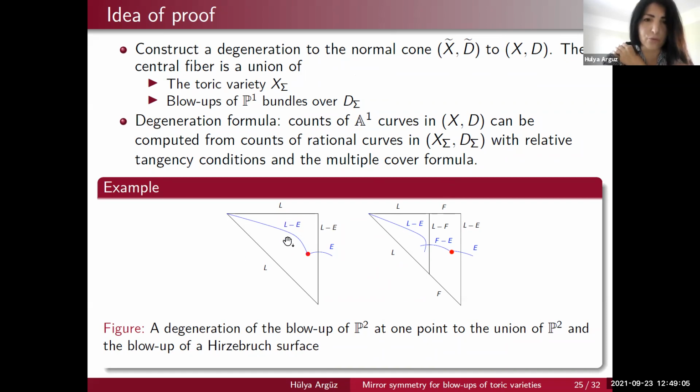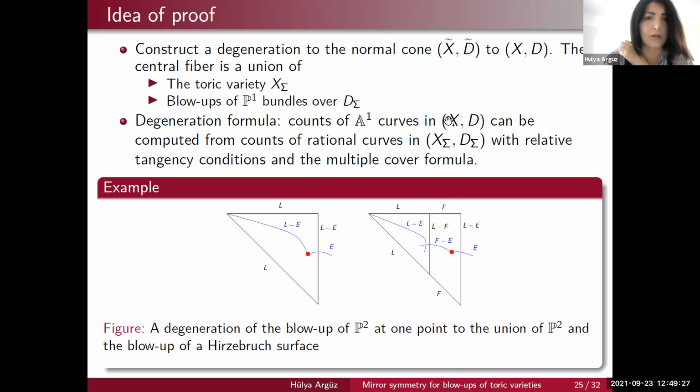And then the degeneration formula says that you can count all A1 curves in X_t in terms of counts of relative curves in the toric piece, plus curves here, which can be computed easily using some multiple cover formulas.